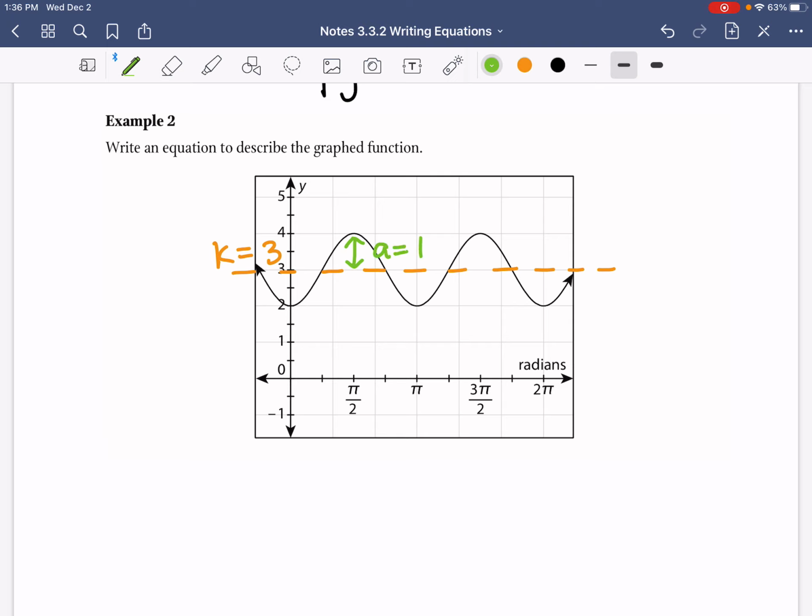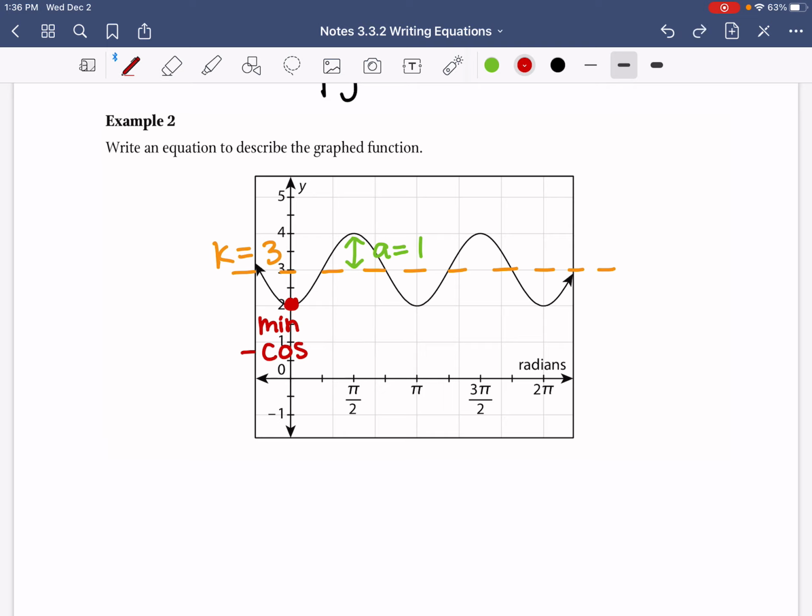Now I'm going to decide if I use a sine or cosine curve. So when I look at my point, I notice that my point is at a minimum. Maximum means cosine, right? Max means cosine. Midline means sine. But a minimum actually means that we can use a negative cosine and have no phase shift at all.